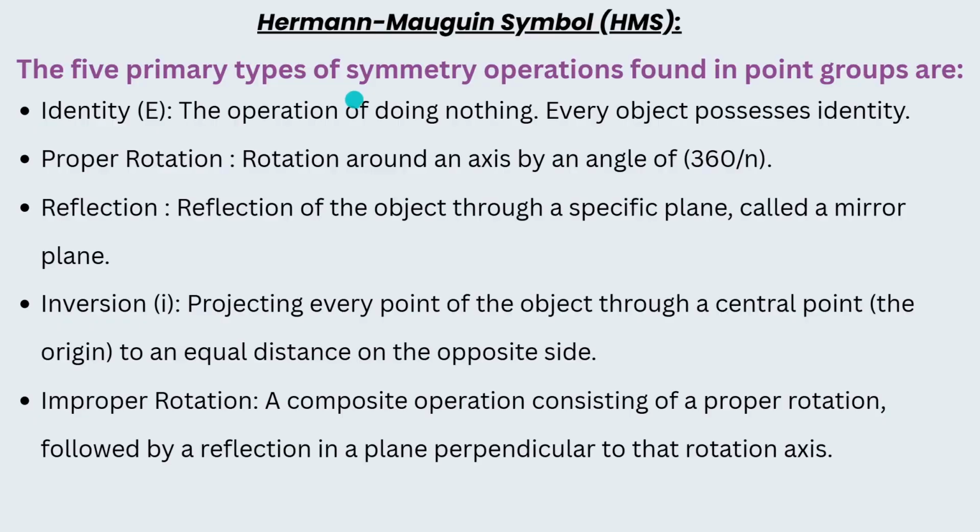In the HMS system, the primary types of symmetry operations are as follows.